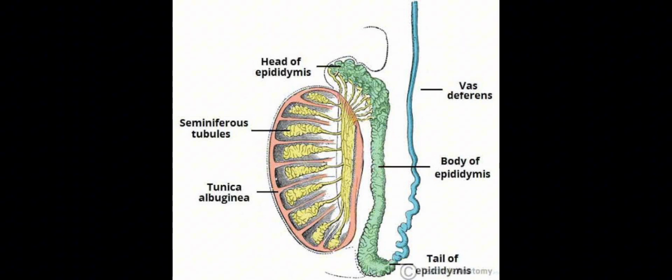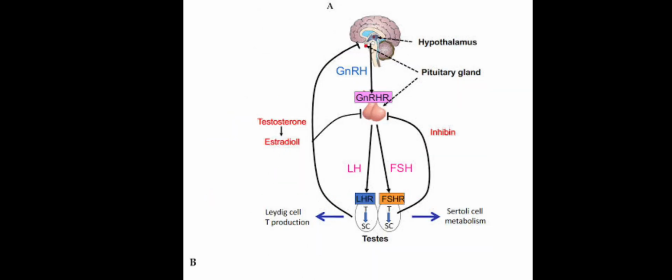The seminiferous tubule is mainly lined by the Sertoli cells, which help in the maturation of spermatozoa. Since it contains Sertoli cells, it is under the control of FSH, and Sertoli cells help in spermatogenesis. The second portion is the interstitial tissue, which makes up 20 to 30%.